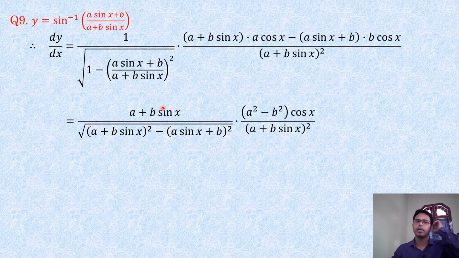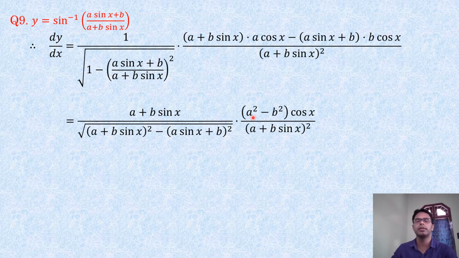And here (a plus b) whole square minus (a sin x plus b) whole square, just simplifying, it is ab sin x cos x, and here ab sin x cos x negative and positive cancel, so it is a square cos x, and here minus b square sin x cos x remaining there.